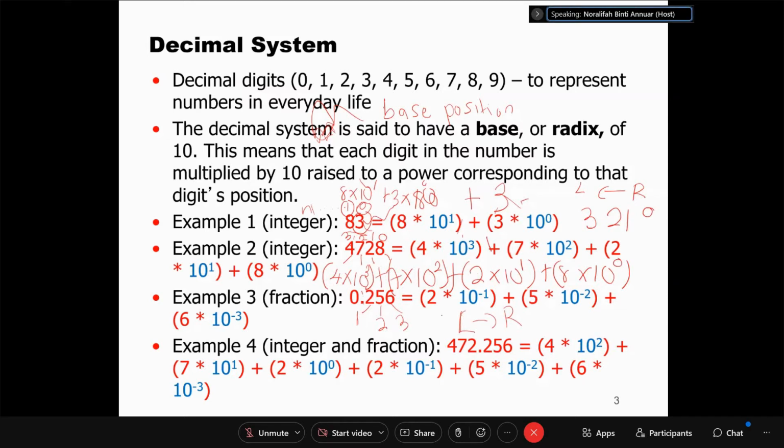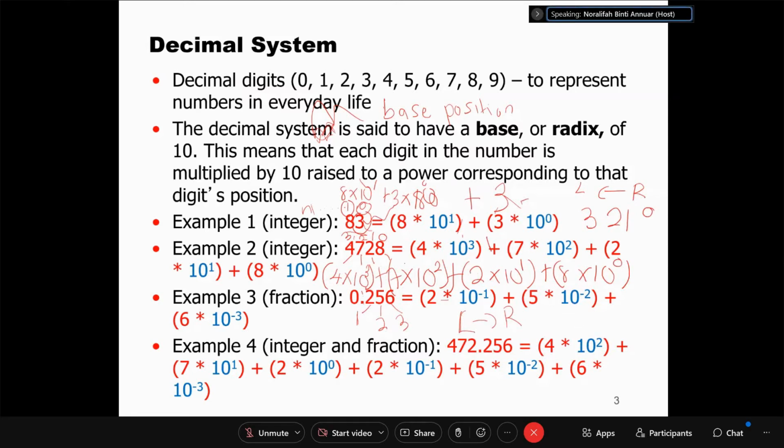So it's the same thing. 2 multiplied by 10 to the power of negative 1. Sorry, here you divide. Then 5 multiplied by 10 to the power of negative 2.